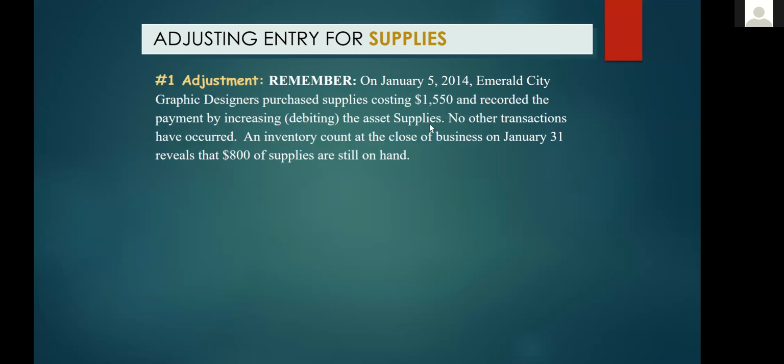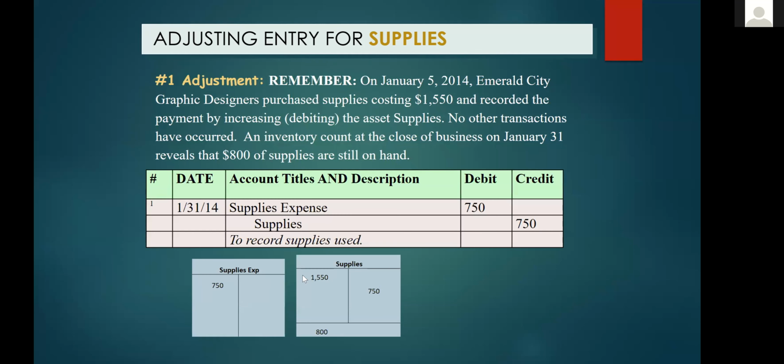Okay. So in this example for supplies, and you're just learning this for the first time, you have different numbers here, but in your problem, you had 8,800 in the supplies account, but now you count 1,100. And you said, well, we used up 7,700. So we're going to reduce supplies.